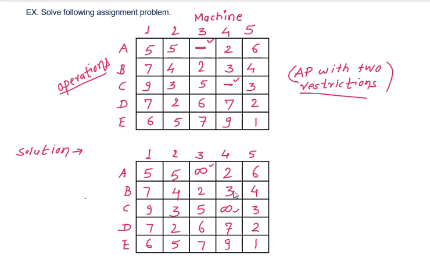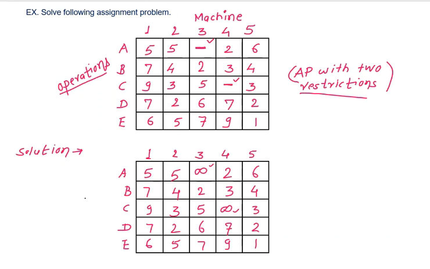So this is how restrictions are handled, and other numbers in the matrix we keep as they are: 5, 5, infinity, 2, 6, then 7, 4, 2, 3, 4, 9, 3, 5, infinity, 3, then 7, 2, 6, 7, 2, and the last row is 6, 5, 7, 9, 1.